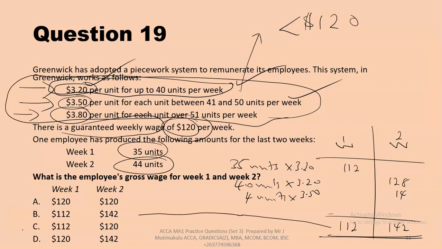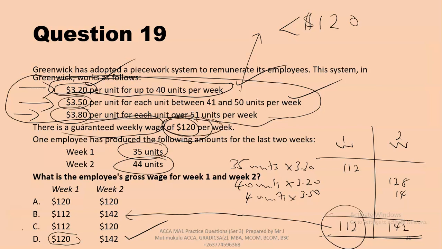As you can see from the answers, this is going to entice you to choose B. But that's not the correct answer. The correct answer, ladies and gentlemen, is going to be D. Why am I saying so? Although we did not get 120 in our computation, but 112, we are going to pay 120, because in this particular jurisdiction, the guaranteed weekly wage is 120.